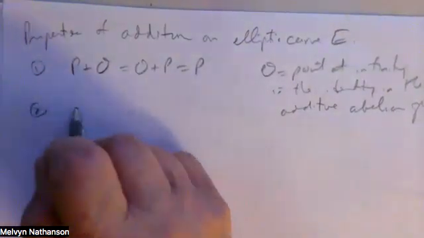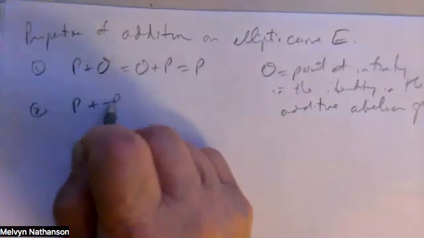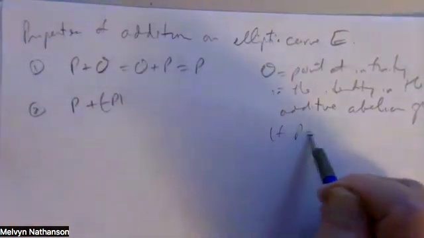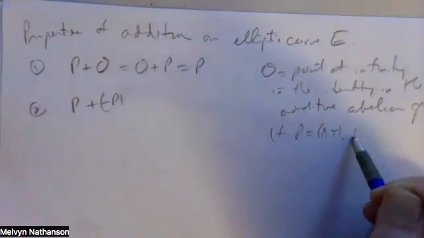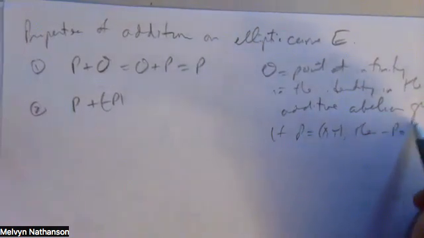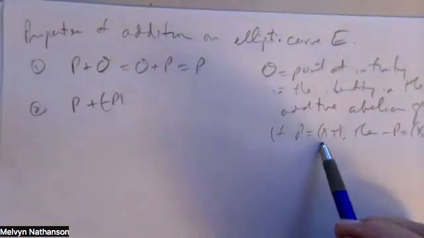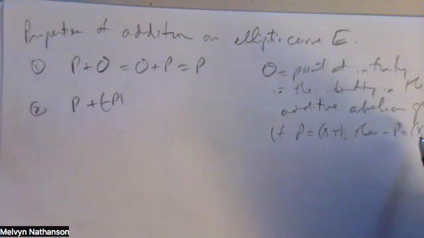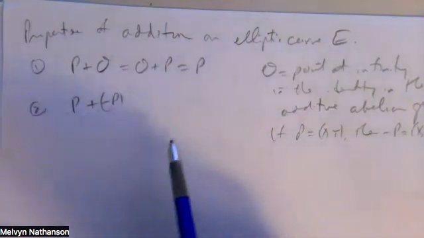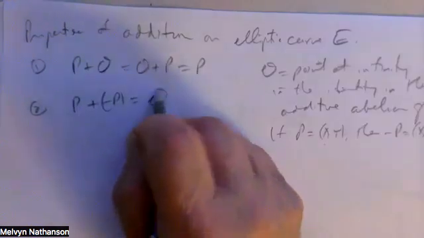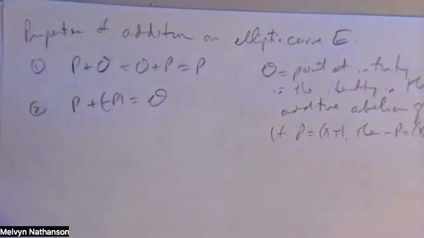Second, you take P plus minus P. What is minus P? If P is the point x, y, then minus P is the point x, minus y. And we know that x, y is on the curve if and only if x, minus y is on the curve. So P and minus P are points on the curve, and P plus minus P is the identity.